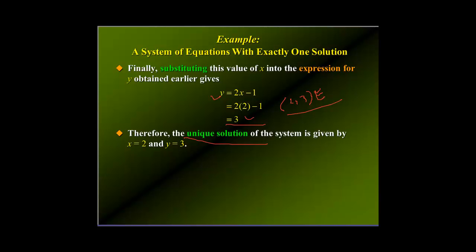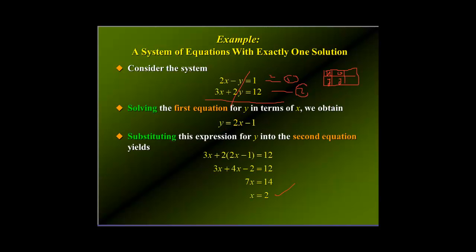How to solve the equation? This is your equation number 2, and just put the value of x equal to 2 over here. Then you multiply it, and you will get the same number. It's very easy if you attend my face-to-face class.